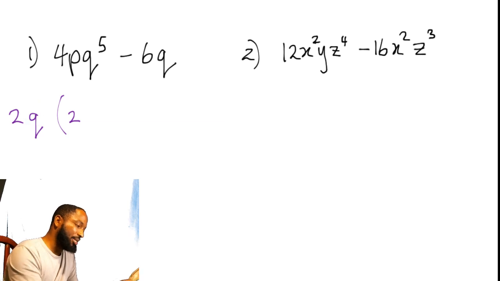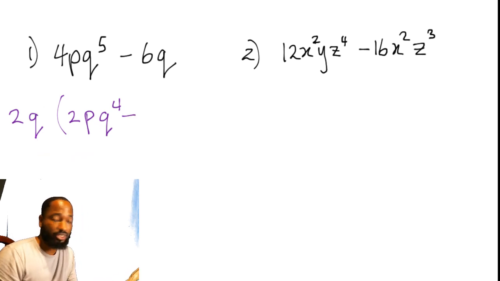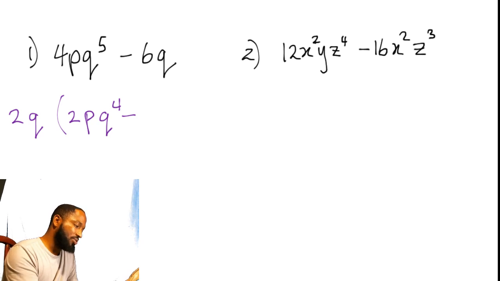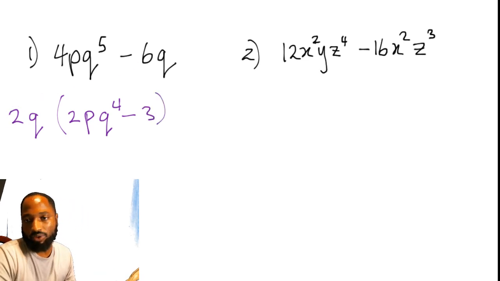I don't have any P's, so I need a P. And I actually need 4 more Q's, so that Q by Q to the power 4 is actually Q to the power 5. Understand? And now, I have a Q on this side, I have a Q, so you can rest. But we need to get to 6, so I need a 3 there. So that's where we get the 3 from.